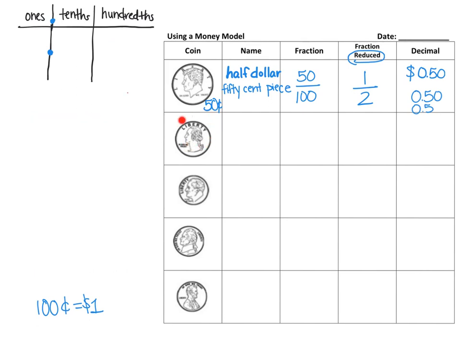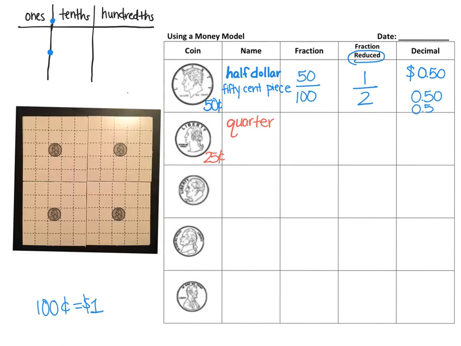Now we'll move on to the quarter. A quarter is worth how much? 25 cents. How many quarters are in $1? If you said 4, you are correct. So on each of these pieces, which equals 1 quarter, see how there's that much in the 1 quarter box?